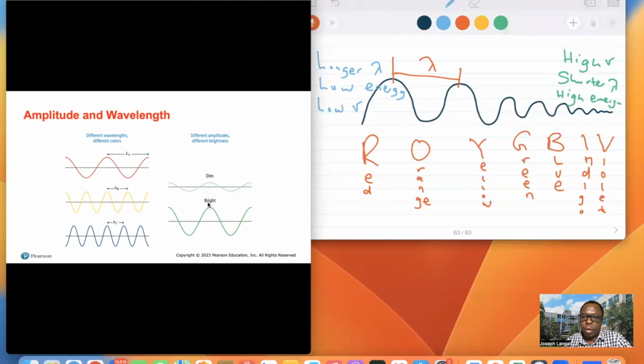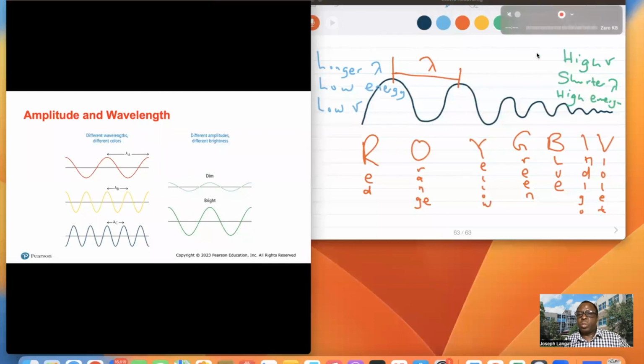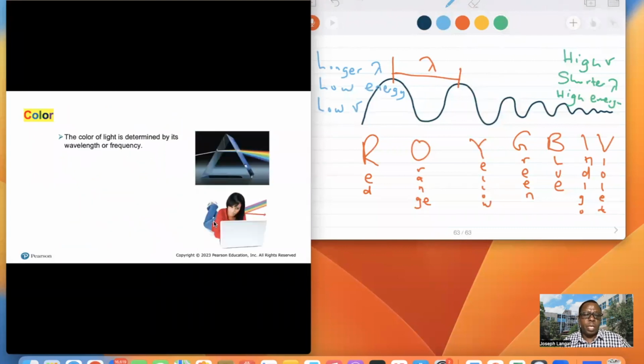You see the green, longer wavelength compared to the indigo, for example. That's what I want you to make your own notes. Based on this, we will be coming back to that again.